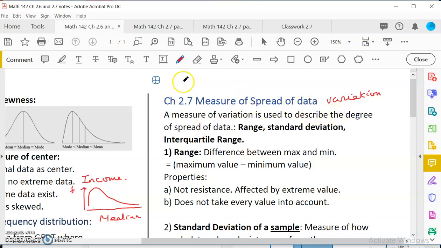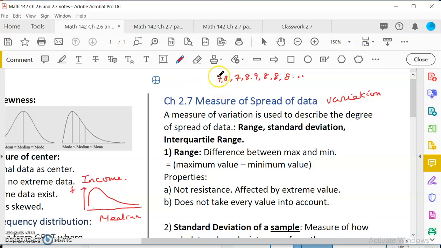So in a nutshell, maybe what I can do is, if I have a list of scores from a quiz, and everybody is like 7, 8, 7, 8, 9, 8, 8, 8, you can see the data are not very varied. They cluster around this.